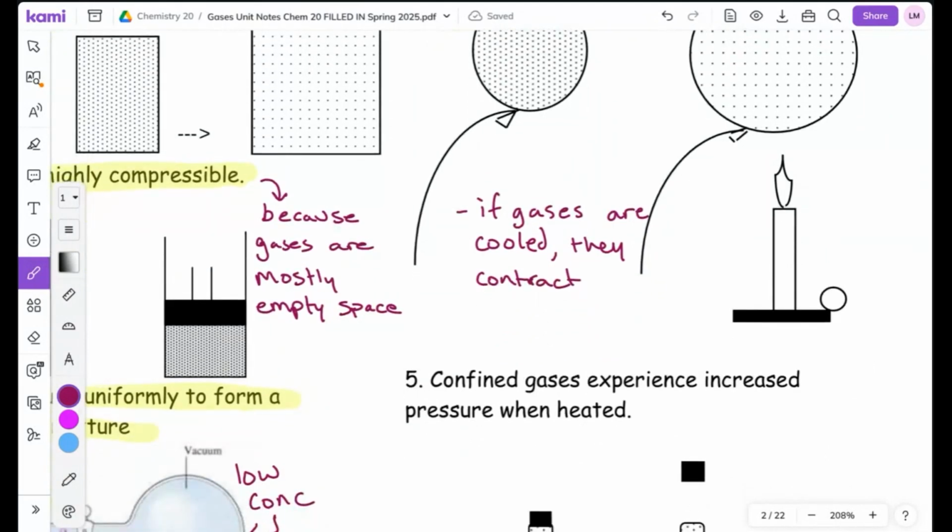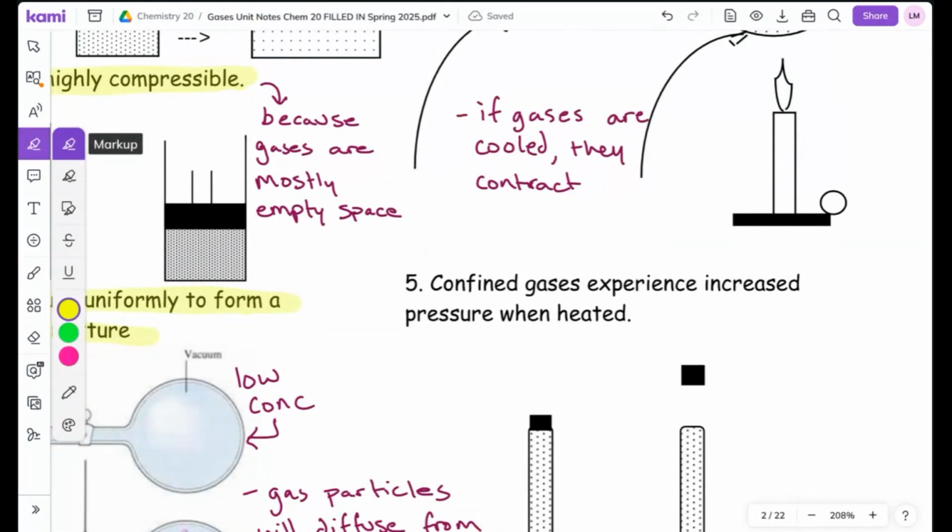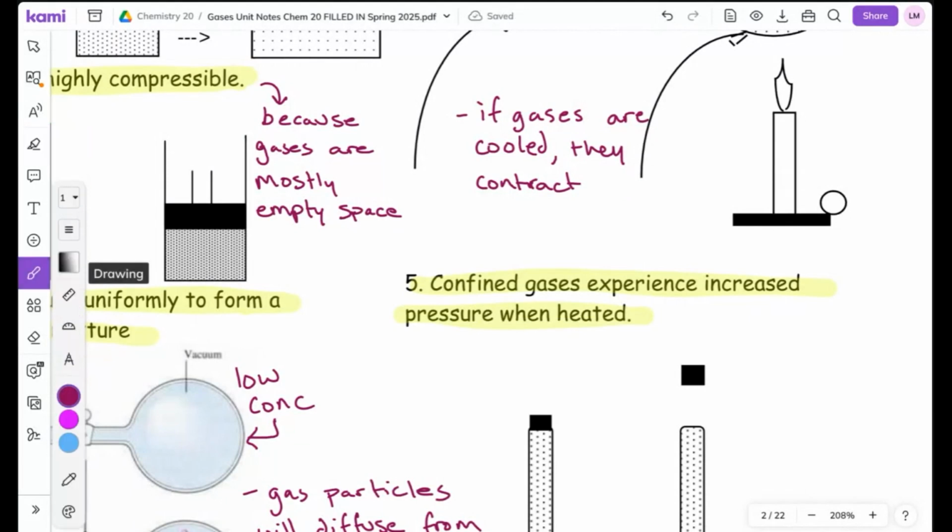And the last property here is that confined gases experience increased pressure when heated. To summarize that in shorthand, if you increase the temperature, which I'm abbreviating to T, then the pressure is going to increase. I'm abbreviating pressure to P. If we decrease temperature, then we are going to decrease pressure.